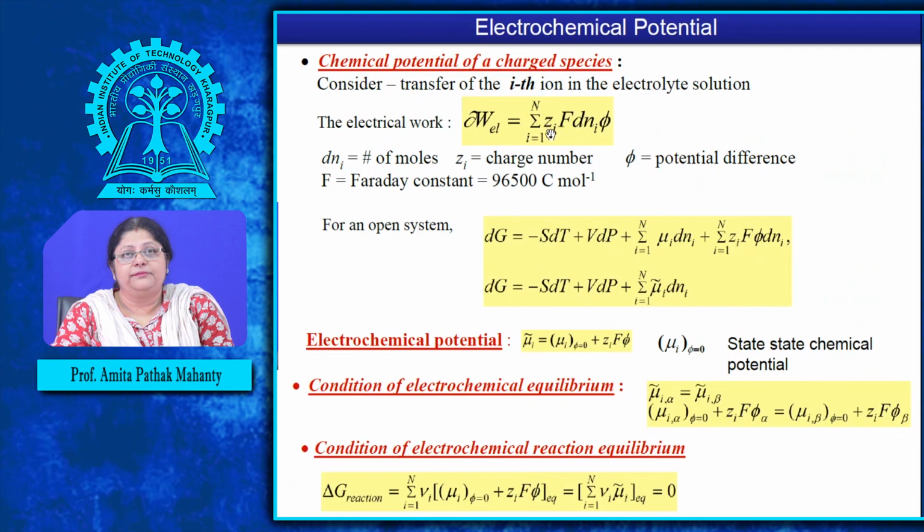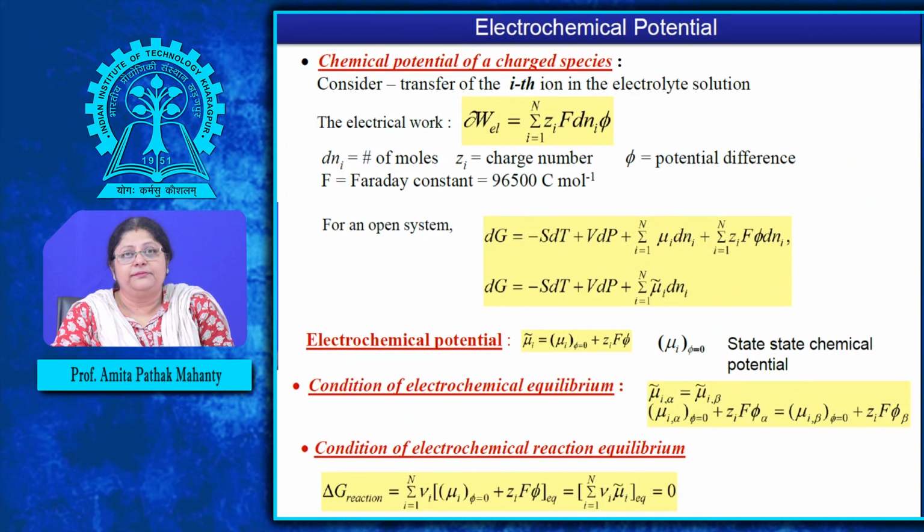Total charge is, suppose the charge is Zi, and if we are dealing with electrons, I'm talking about 1 mole of electrons, then this entire thing should be in moles. So 1 mole of electrons is equal to Avogadro's number, with a negative sign, and the total change in the number of moles of that ion is what we consider.